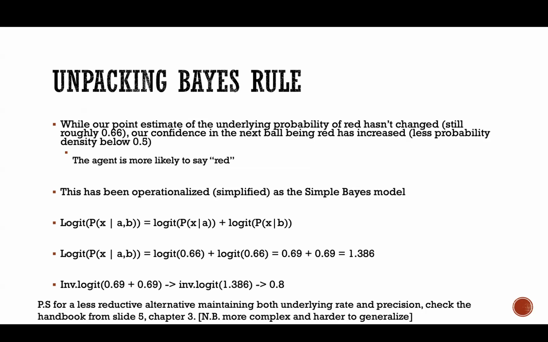So what we have here is that the logit of the posterior is equal to the logit of the prior, 0.66, plus the logit of the likelihood, 0.66. We do logit of 0.66, it gives us 0.69. We do the logit of 0.66, it gives us 0.69. We sum them up, we get 1.386.